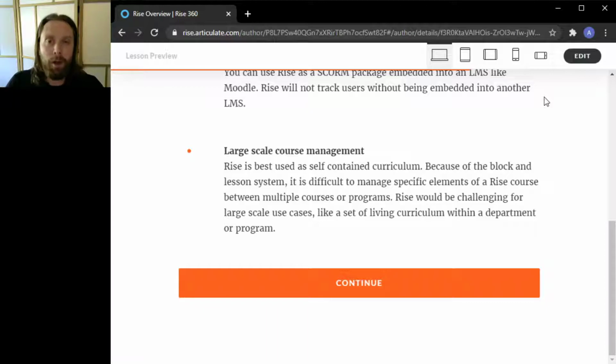If you're thinking about a course in its totality, like, oh, this is going to be our living course and it's going to be our working version for 5 years and we're going to share it between 3 different classes and we need all of our assessments built right in. Don't do it. If you're thinking about living curriculum, Rise is not your best choice. There are ways to do it if you wanted to, but it wouldn't be my first choice.